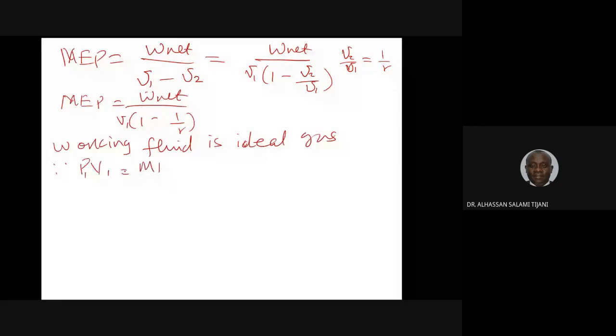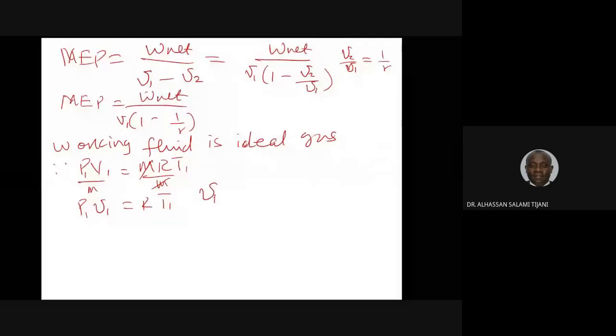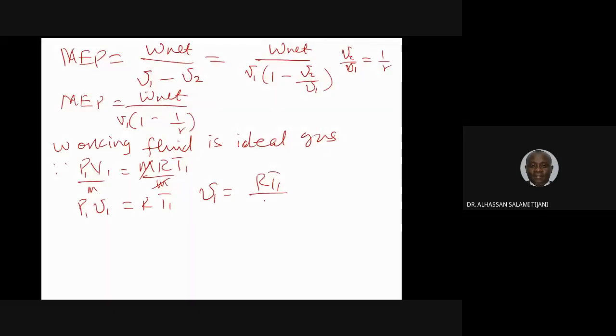Okay, but we are interested in specific volume. So I divide this by mass, so this and this will cancel out. So then V divided by m gives, so our P1 v1 equals R T1. So v1 therefore equals R T1 divided by P1.